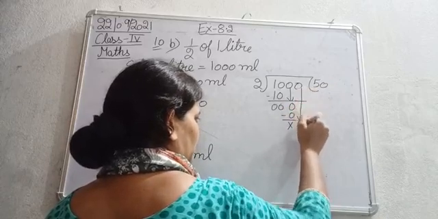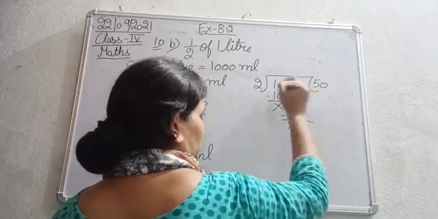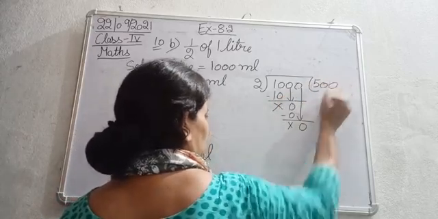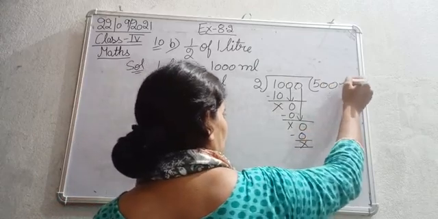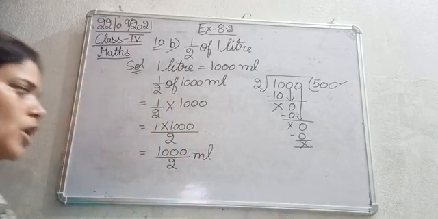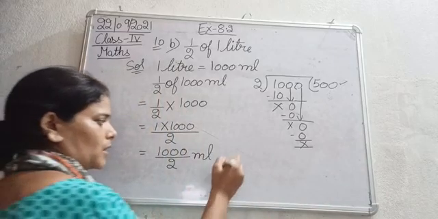Bring down the next one, that is 0. Again 2 zeros are 0. So we got the quotient as 500. 1000 upon 2 ml is equal to 500 ml.